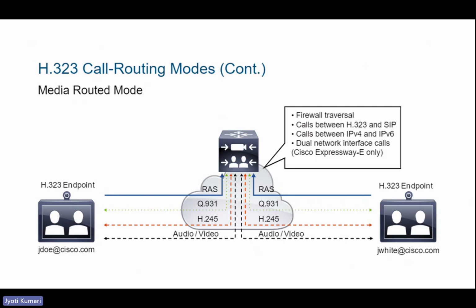So usually this mode is used during the types of traversal calls, like firewall traversal, or calls between H.323 and SIP where interworking is being used, or calls between IPv4 and IPv6, or dual interface calls, like calls with the Expressway E devices. So in those cases, media routed mode is used. Yeah, like in the traversal. So these are the different modes based on the different types of communication.